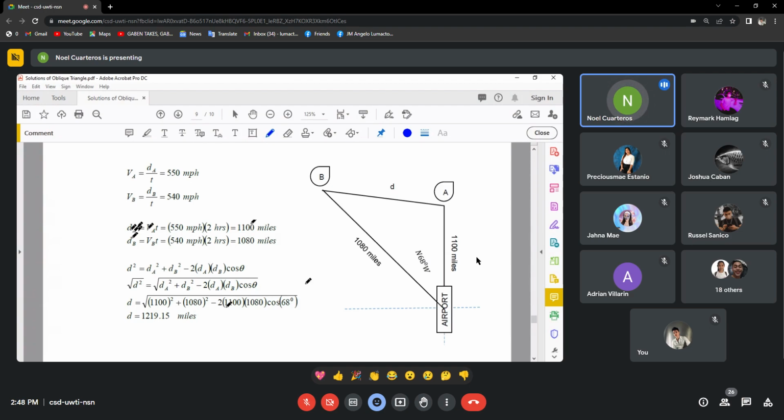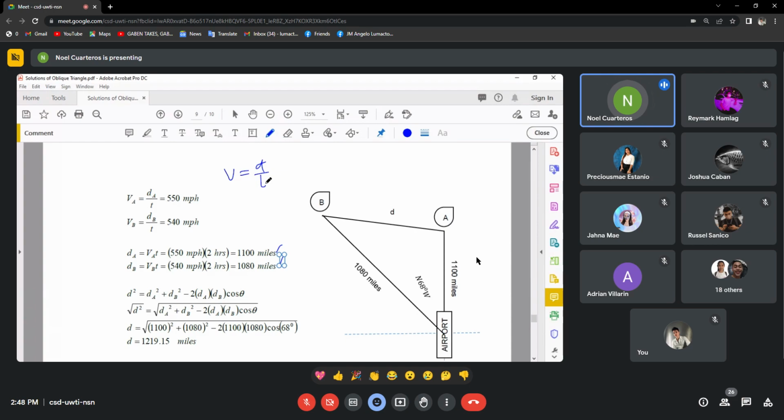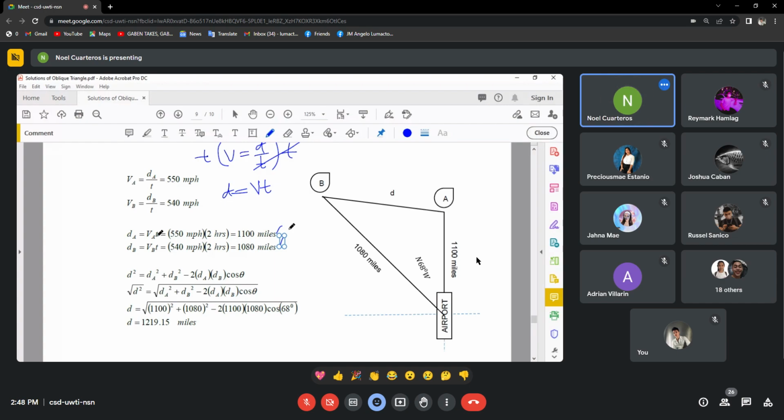Actually, V is equal to D over T. Multiply by time, cancel, D will be equal to VT.